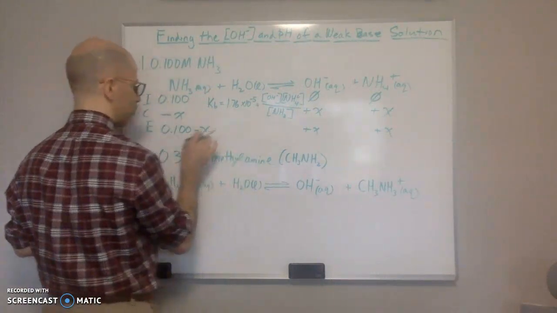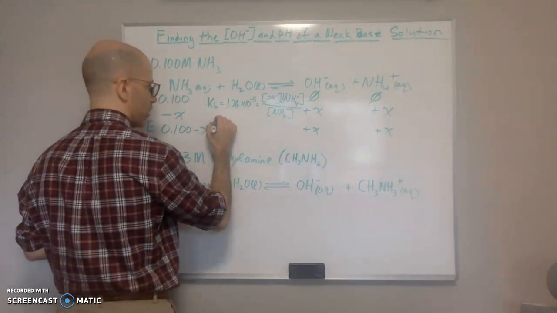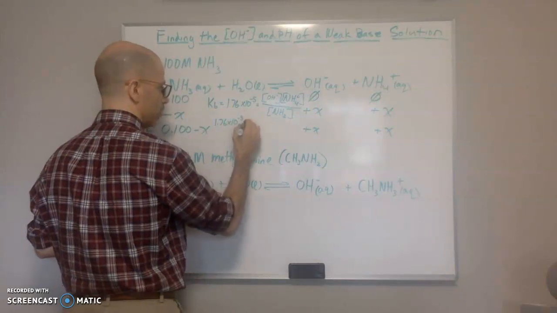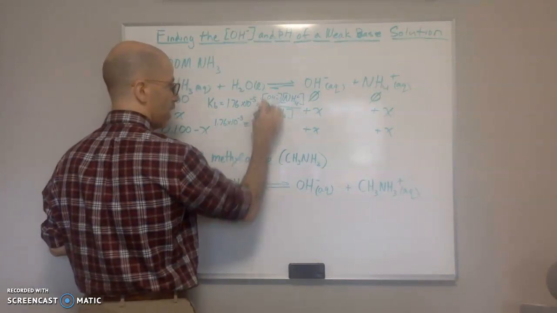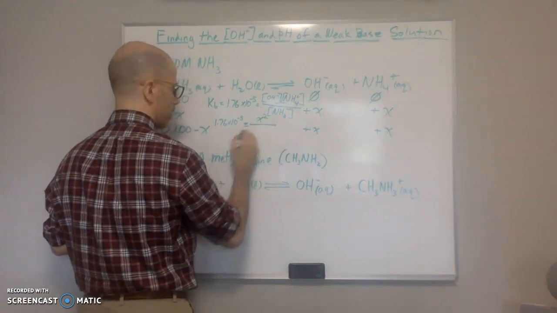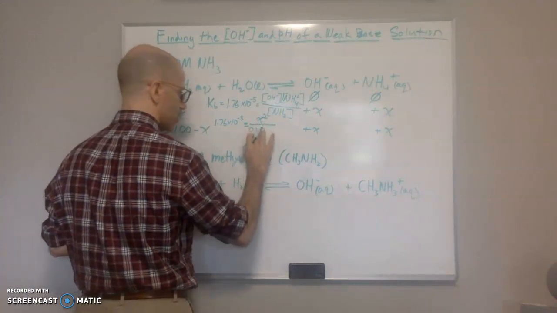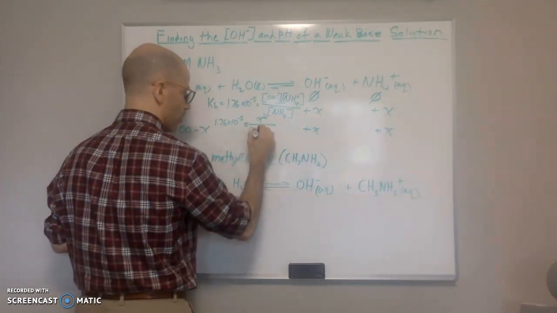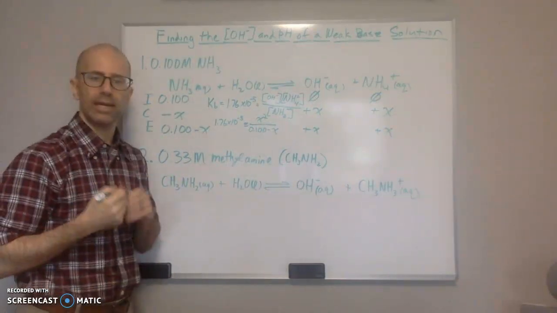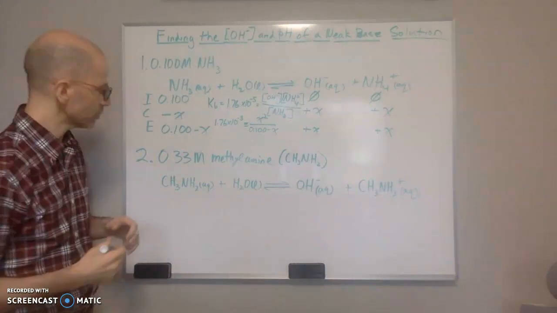Now we plug in our expressions. So 1.76 times 10 to the negative 5 is equal to, these two are both x, so multiplied it's x squared, over 0.100 minus x.